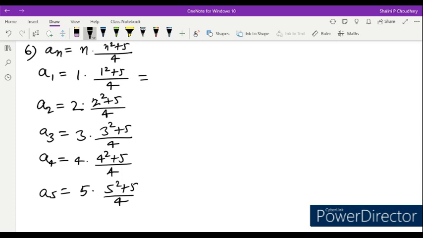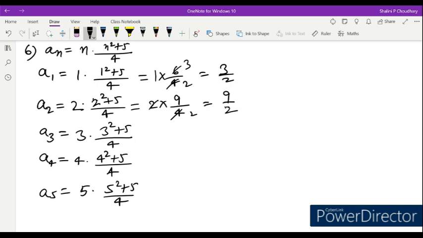So this will be 1 into 1 square will be 1 plus 5, 6 upon 4. Okay, so this will be 3 upon 2, and this will be 2 into 2 square 4 plus 5 will be 9 upon 4. So this will be equal to 9 upon 2. Okay, now this will be 3 into 3 square will be 9 plus 5. 9 plus 5 will be 14 upon 4.